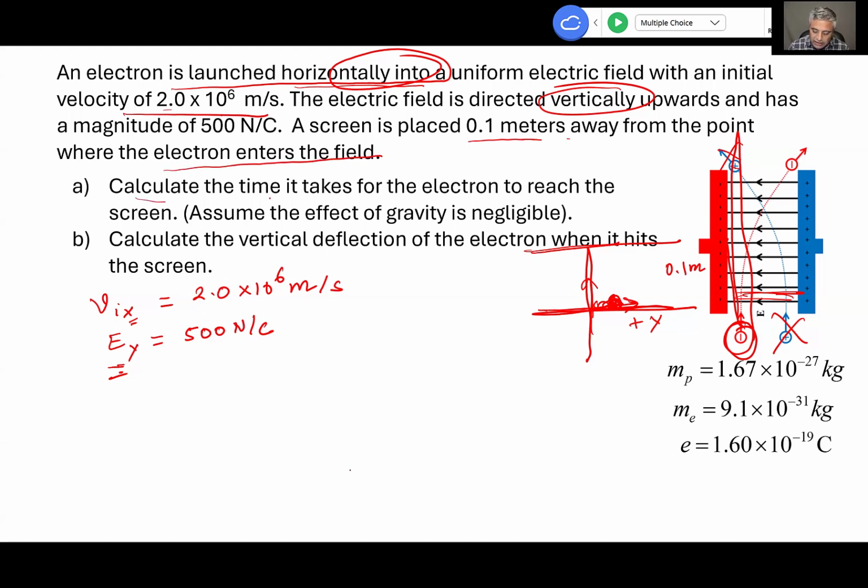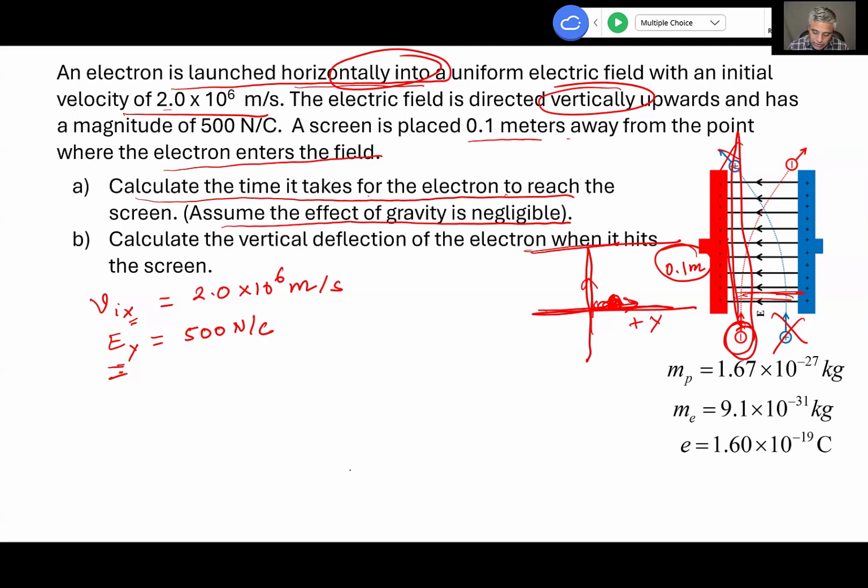Now it says calculate the time it takes for the electron to reach the screen. So that means it's going to be a displacement of the electron. Is it in the x direction or y direction? Assume the effect of gravity is negligible because the mass is so small for the electron. Gravitational force we can neglect.